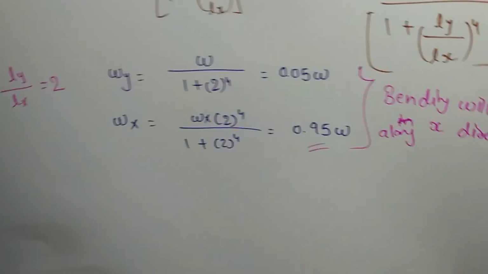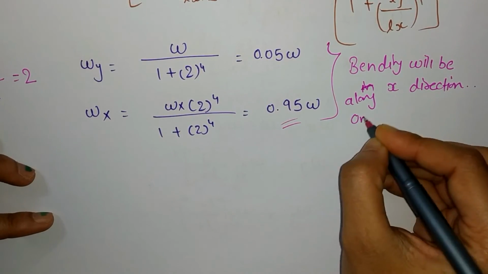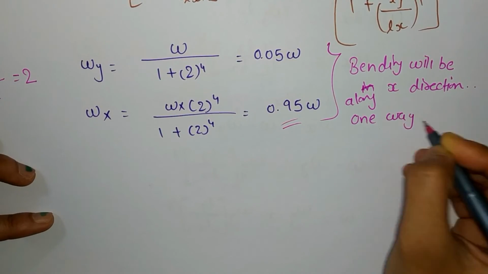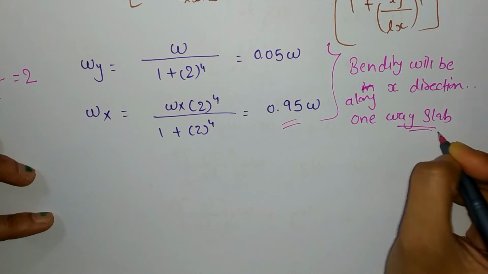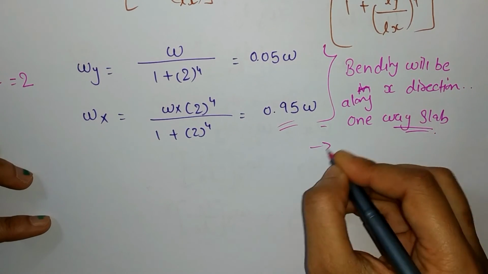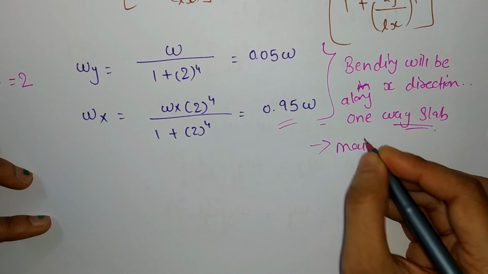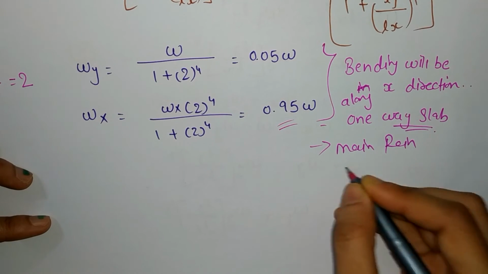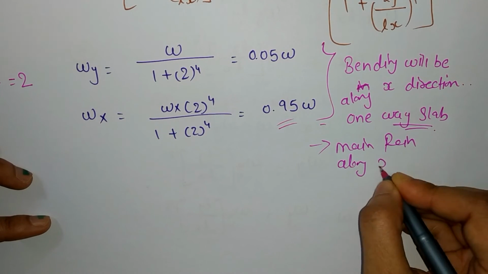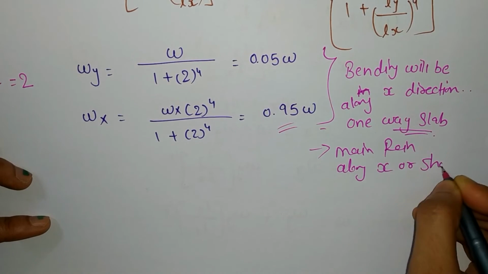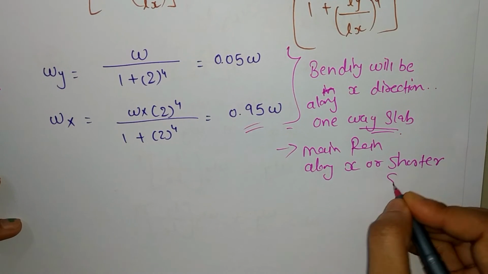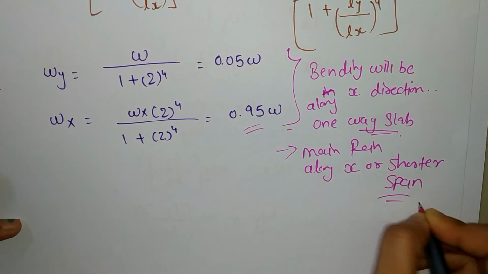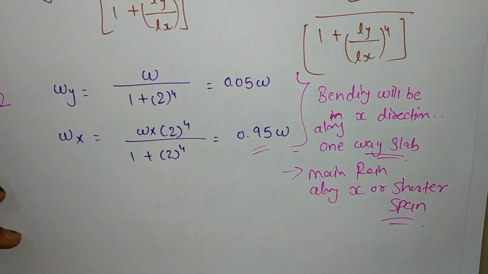In X direction, and that's why we consider it a one-way slab, and that's why we provide main reinforcement along X, or we can say the shorter span.